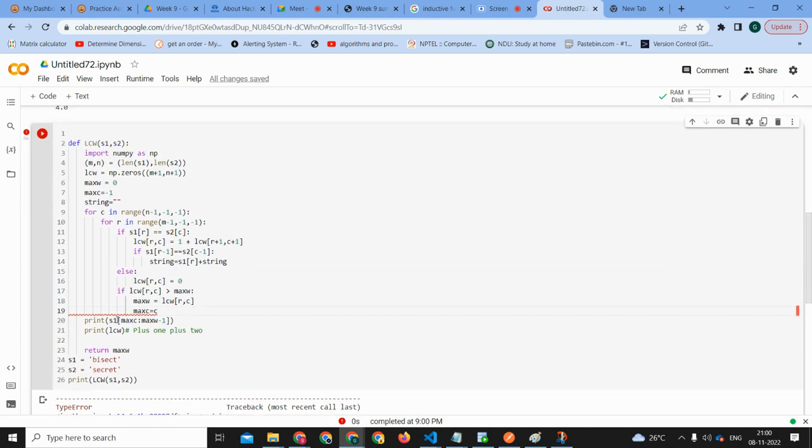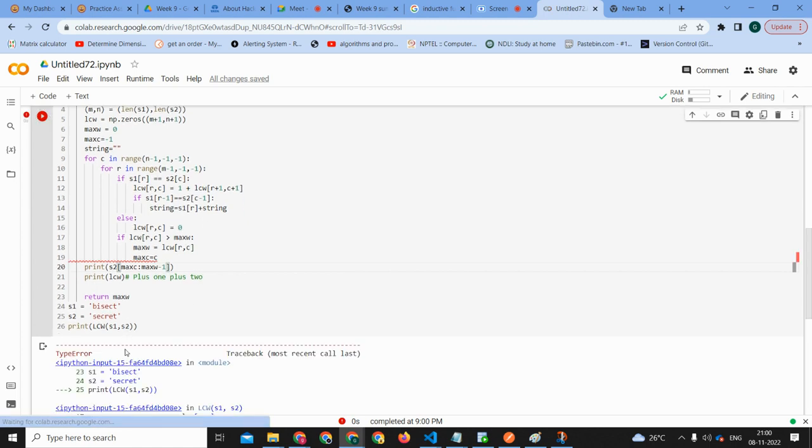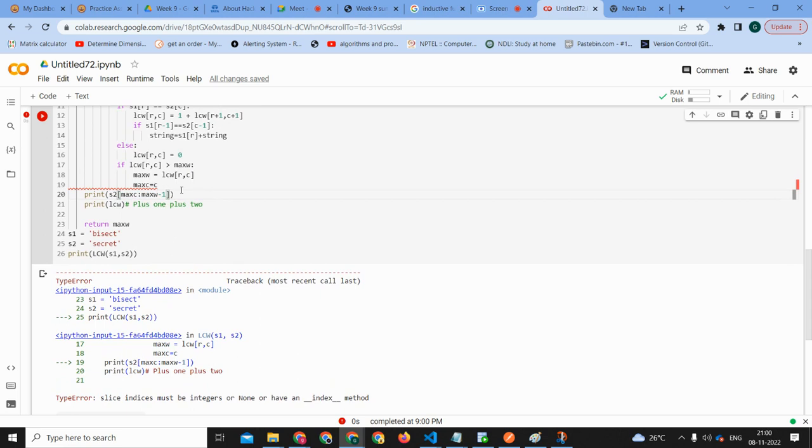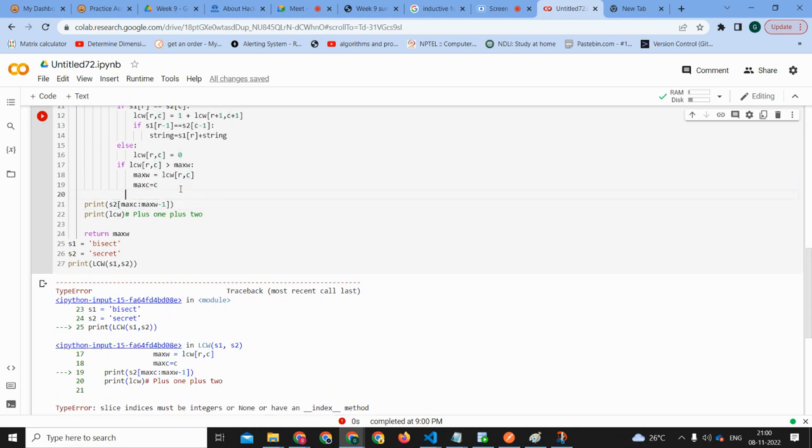So the error seems to say that the index that we're providing is not an integer.